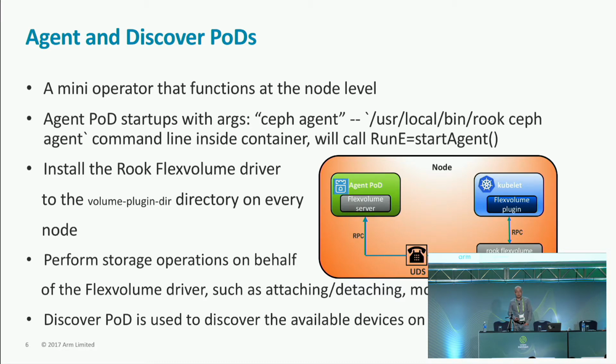When a workload pod is scheduled on a specific node, Kubernetes will look up the flex volume driver and then call it. The flex volume driver will interact with the flex volume server in the agent pod through the UDS.